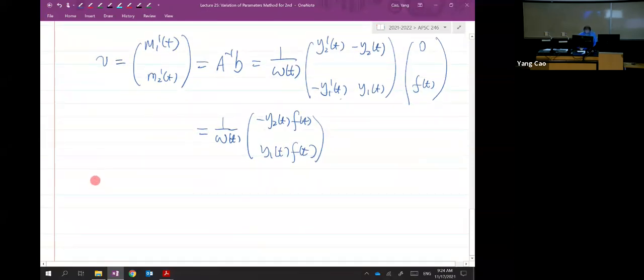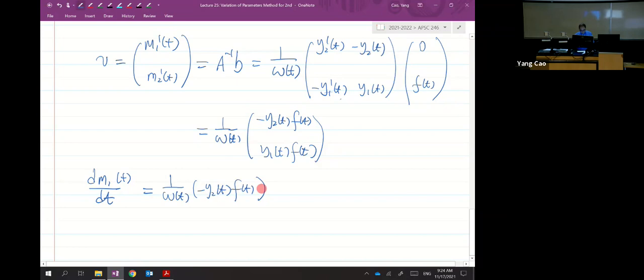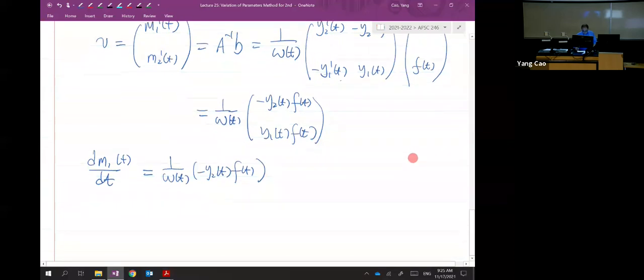Okay, so let's now break it down individually. First, let's write down the derivative for M1 of t. So this is basically M1 prime. According to the solution here, the derivative of M1 of t equals 1 over W of t multiplied by negative y2 of t and f of t. That's your dm1 over dt equal to this. Separate variables.